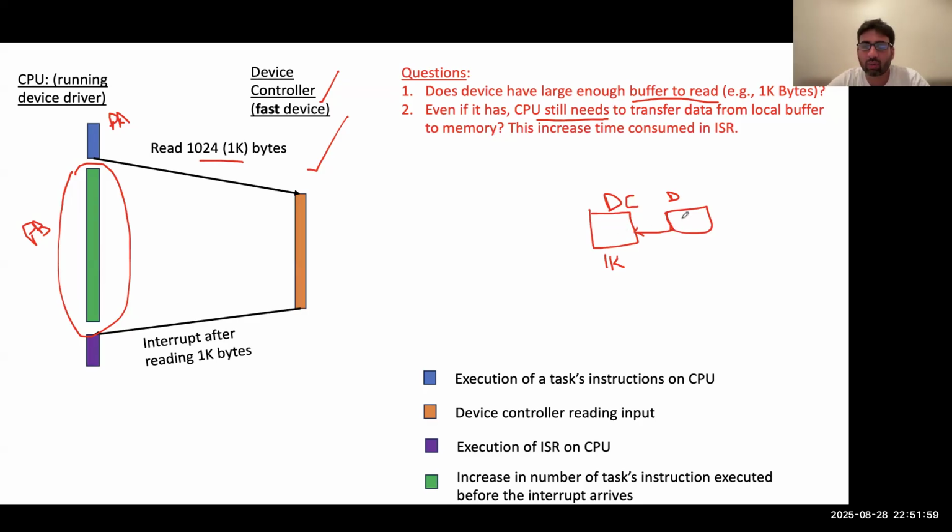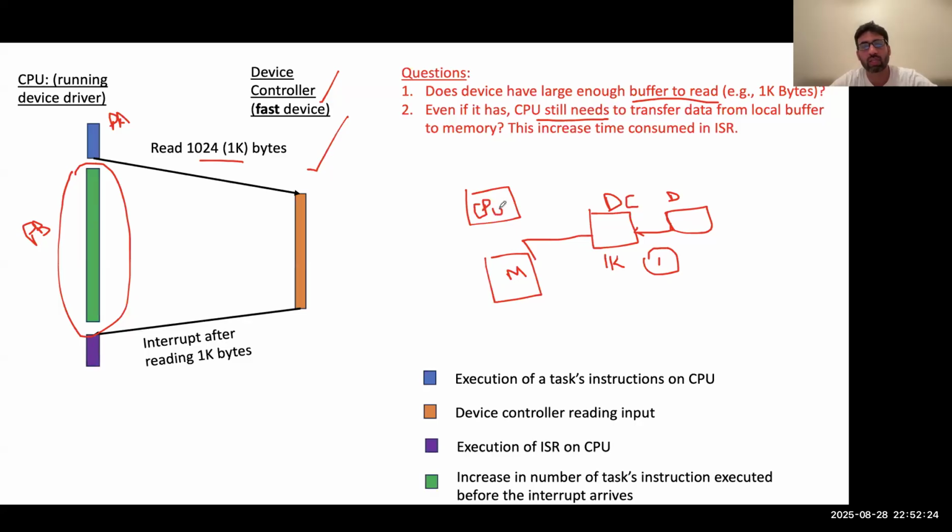So here 1 kilobyte of data is copied from the device into the local buffer of the device controller. This is the first step. And then the next step will be that, with the intervention of the CPU, the data is copied to memory, right? Definitely with the intervention of the CPU, not independent of the CPU here, which means that the CPU is involved.